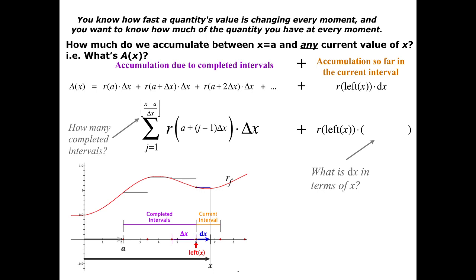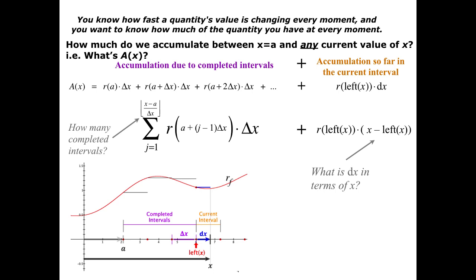To express precisely what we mean, instead of saying dx, we're going to express this as how far x is from left of x, which is x minus left of x. Just like when we wrote out these piecewise functions for accumulation, in the piecewise form, the term within each of the pieces that referred to the part with the x in it always had that x minus the beginning of the interval, x minus 0.3 or x minus 1.2, something like that.